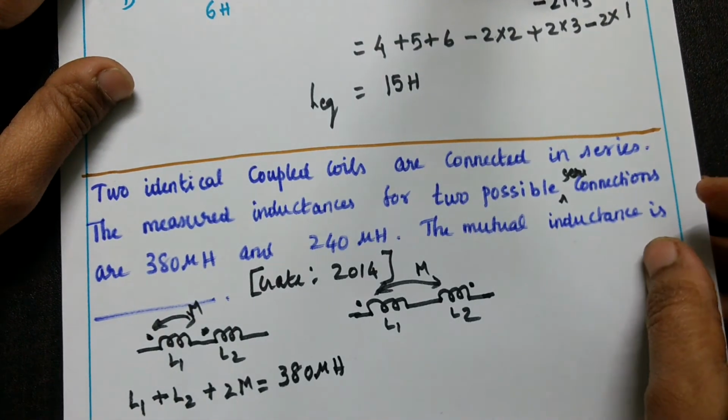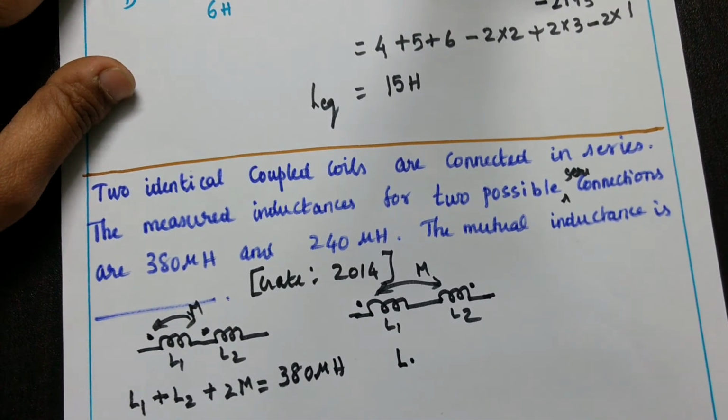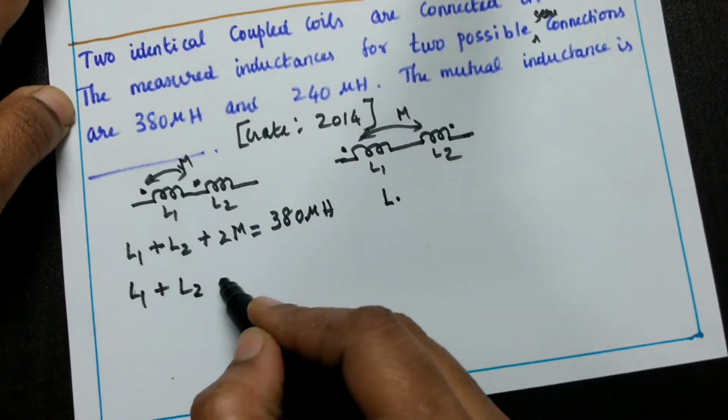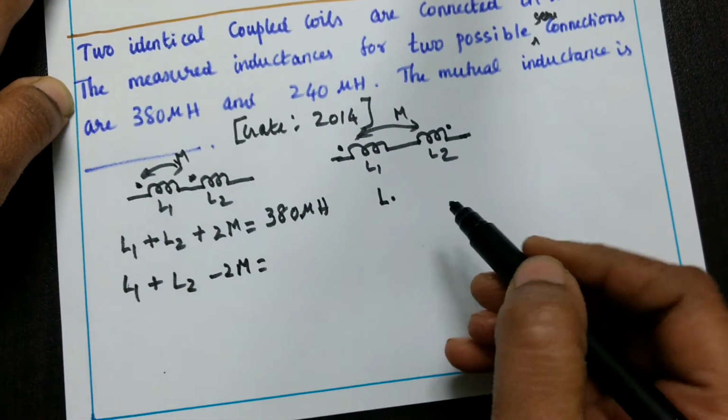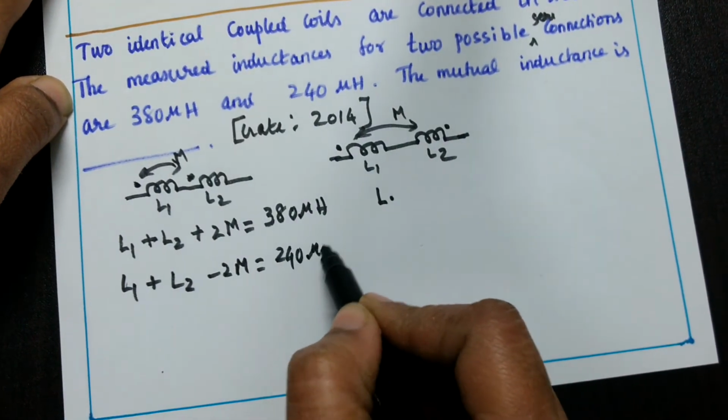And for the subtractive connection, L1 plus L2 minus 2M, that is given as 240 microhenry.